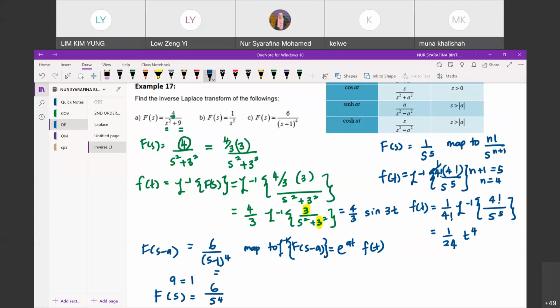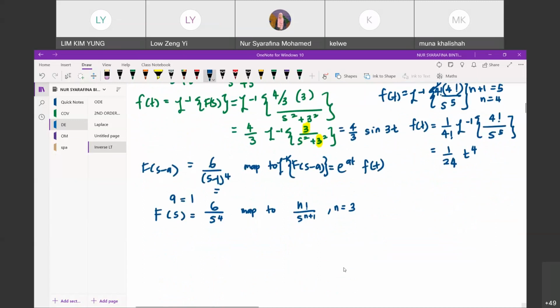So from here, you can inverse transform basically based on the table. And as you can see, this is mapped to n factorial over s to the power of n plus 1, right? Where n equals what? n plus 1 equals 4, so n equals 3. So we can get f(t).